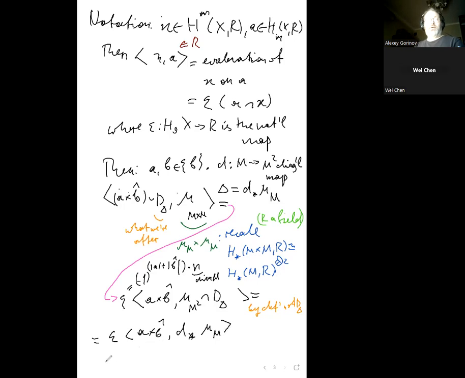Now, another claim is that the result is epsilon D upper squared of A cross B roof, evaluated on mu m. And this is the projection formula.